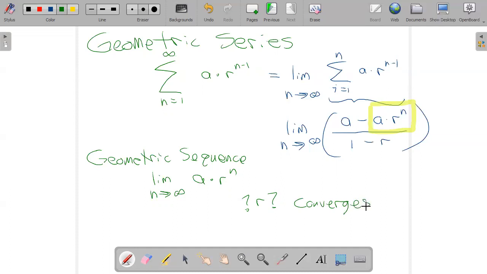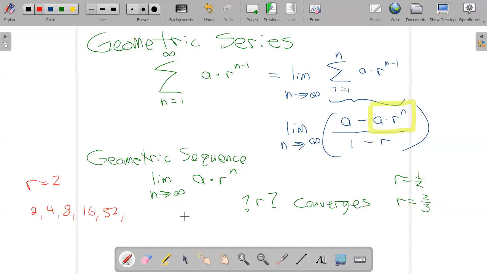Well, the examples we've seen so far, we get convergence for R equals 1/2. We got convergence for R equals 2/3. R could be anything. R could be 2. If R is 2, then my sequence is something like 2, 4, 8, 16, 32.